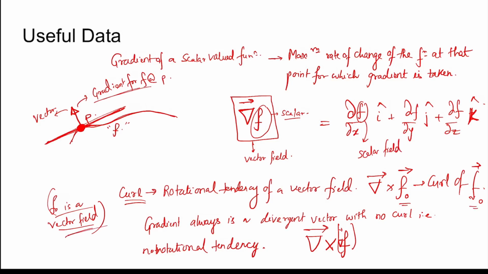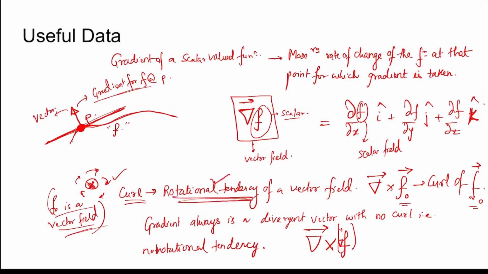So f naught is a vector field, and if f naught is a vector field like this that has some rotational tendency, you just place your right hand along the direction of the rotation and then your thumb will point in the direction of the curl. So curl is into the plane, so it has some non-zero curl, because it has some rotational tendency.